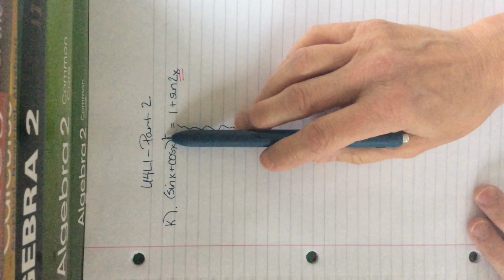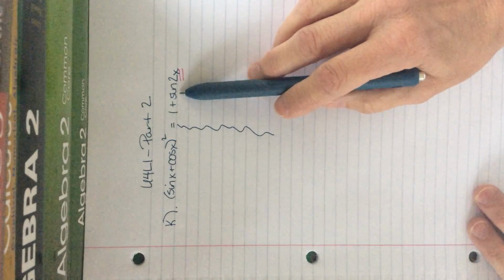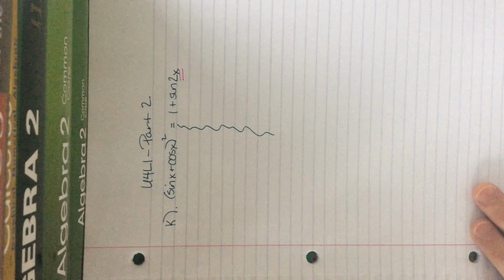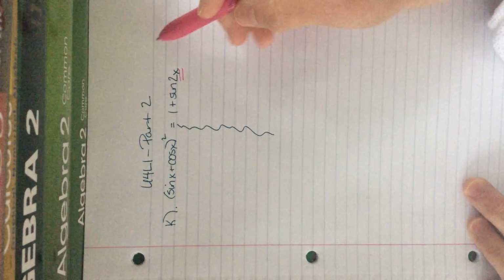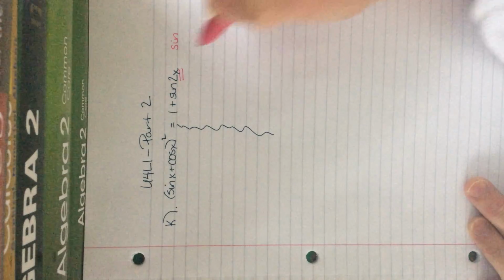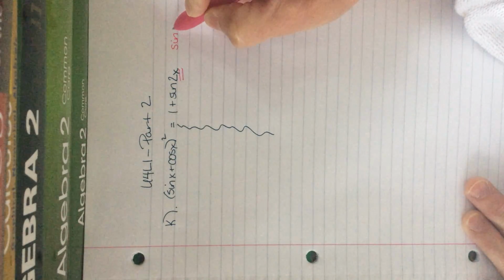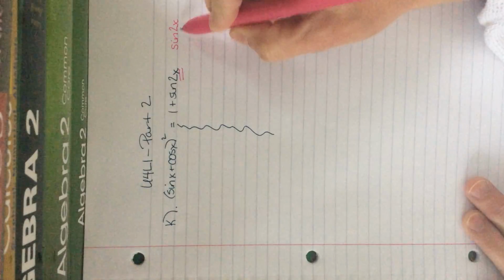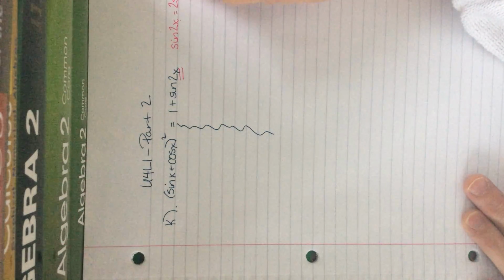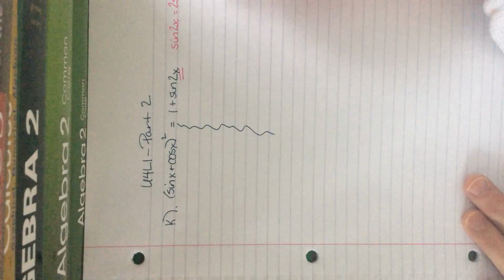That's a binomial squared. And 1 plus sine of 2x is pretty simple, but I do need to remember, if I look at my identity sheet, that under the double angle identities, there is an identity for sine of 2x, and that is 2 times sine of x times cosine of x.